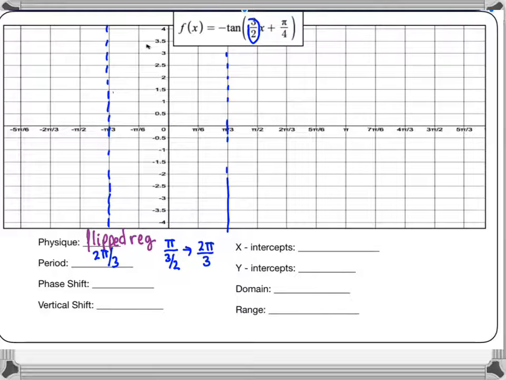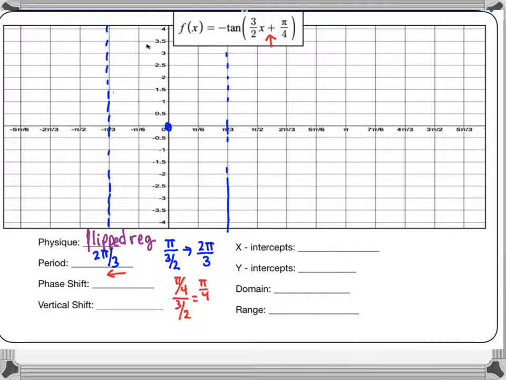What we need to do is get the phase shift then. The phase shift is going to be c over b, so we have to take a look here first. We know it's positive, so we know it's going to go to the left here, and we go pi over 4 divided by 3/2.